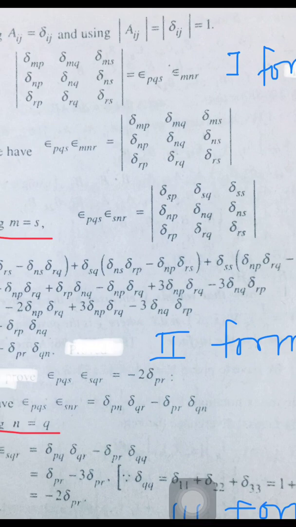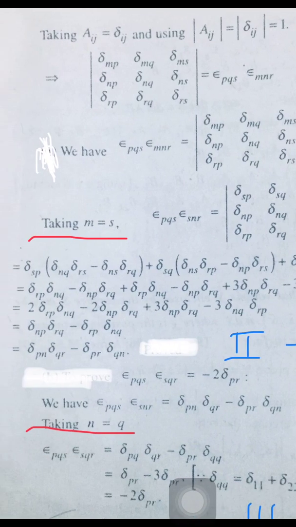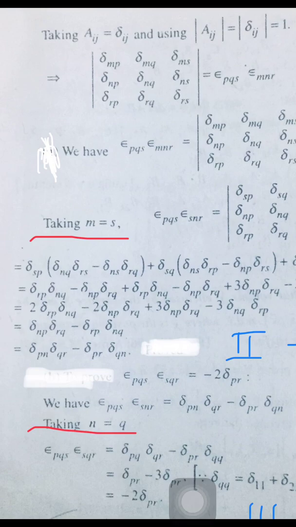Now, after doing this, for the second form, what we are doing? Taking M equals S in this part which we have got. When we substitute M equals S, we get this expression changed to this form and open these indices using the determinant notation.